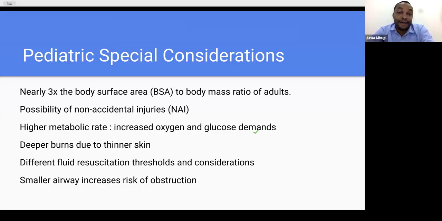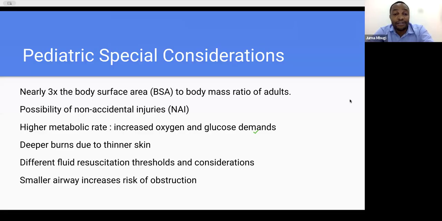But in burn patients, we have to consider special considerations in pediatrics, especially that the body surface area to body mass ratio in children is almost 3 times that of adults.